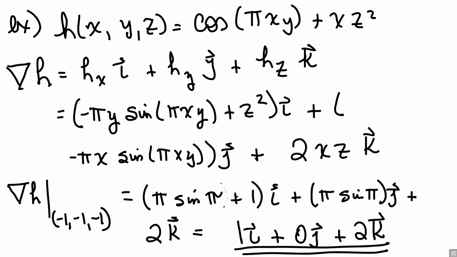The first part was dealing with what we have and coming up with the gradient of h at the given point. Next, what we need to do is find a vector v.